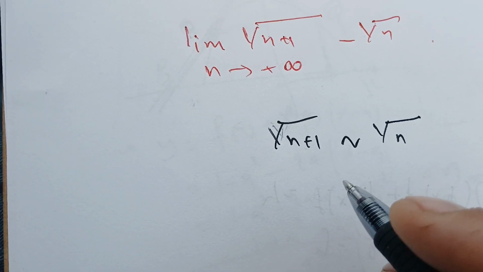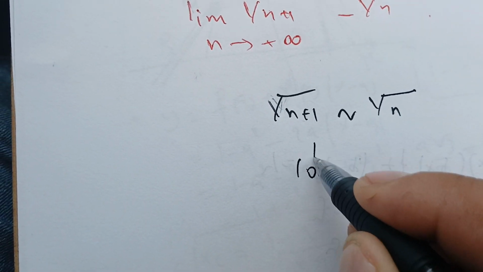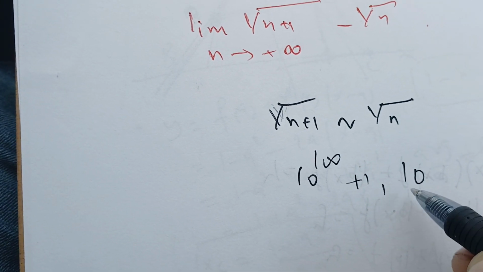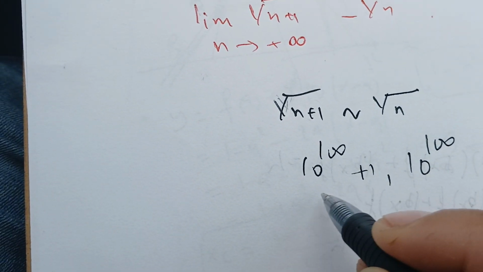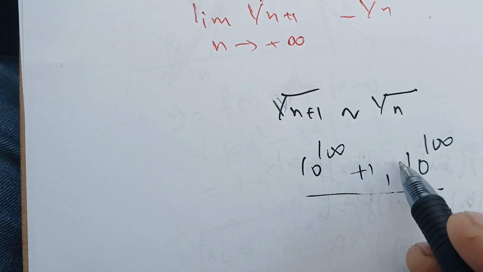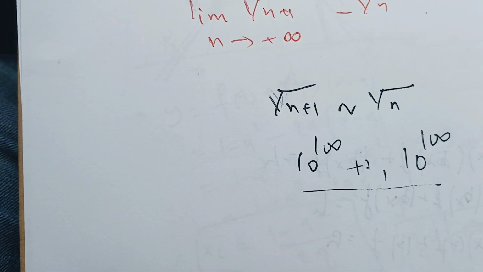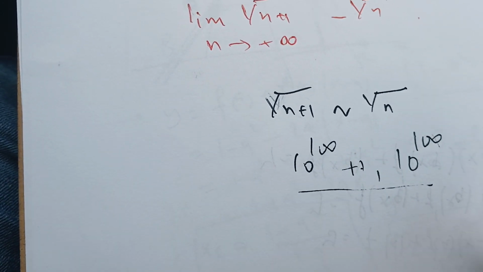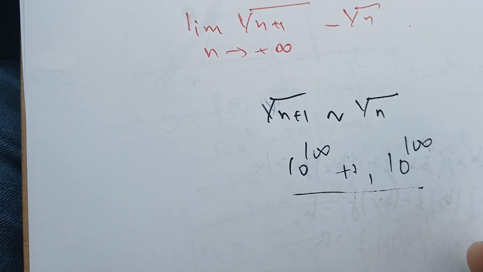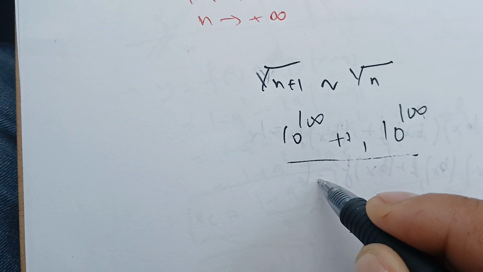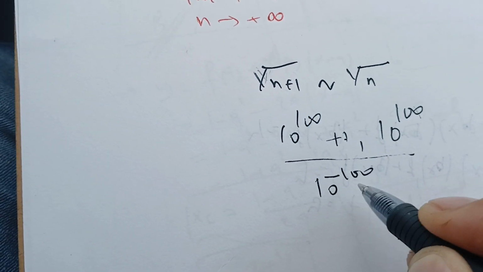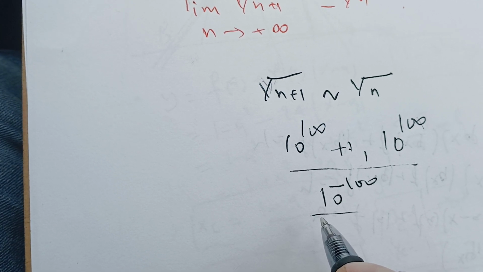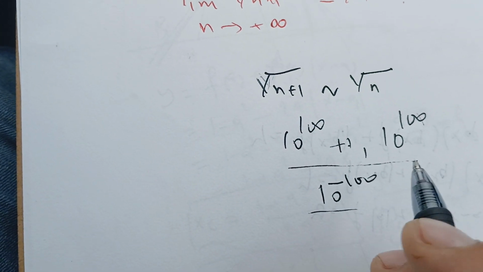So we can take a big number like 10 to the power 100 and add 1 to it, and you take 10 to the power 100, and the difference between these two is just 1. What's 1 compared to this number? It's 10 to the power minus 100, a very tiny number.